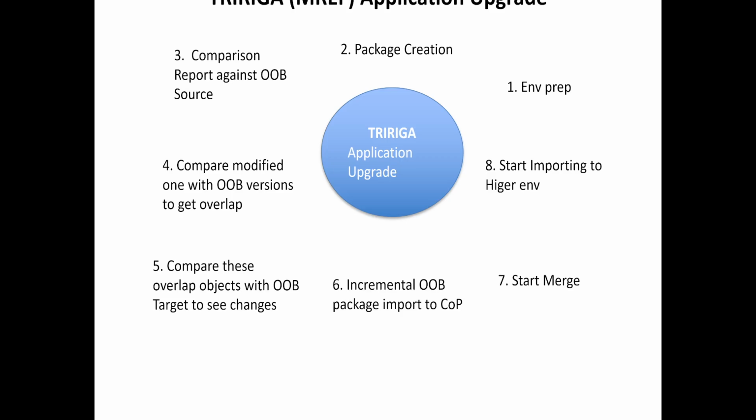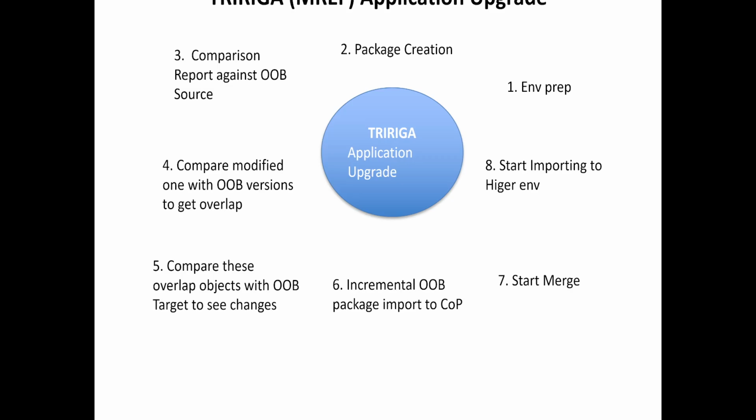You just take a copy of your database and run the TRIRIGA installer of that specific version to match production. So the three environments are out-of-box source, out-of-box target, and COP, the copy of production environment.